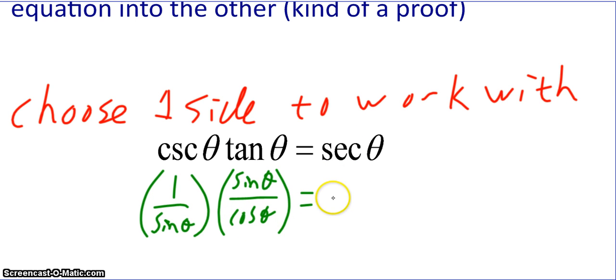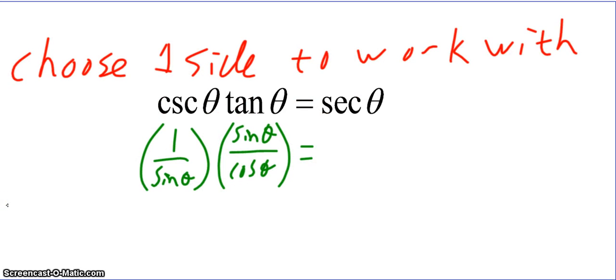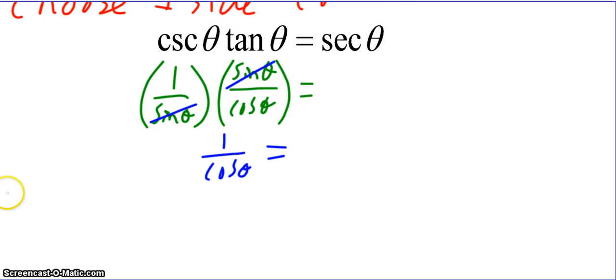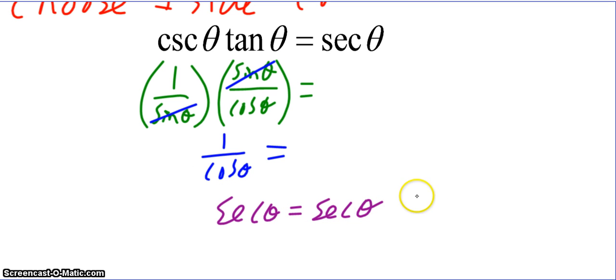And I'm just leaving this as secant, so I'm just writing the equal sign. Now, using a little bit of algebra, I know the sines are going to cancel, and I know I'm left with 1 over cosine of theta, and so then my last step is to say this is secant of theta equals secant of theta.